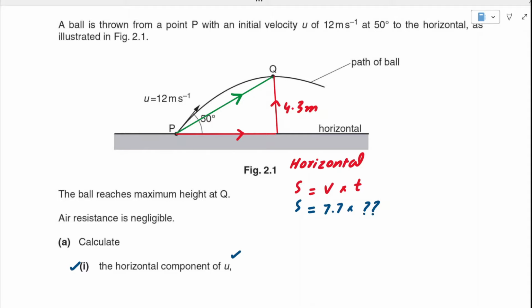So if I could find the value of t from the vertical motion, I can use that value of t over here. So let me first find the value of t. Since t is unknown, we first find t through vertical motion.